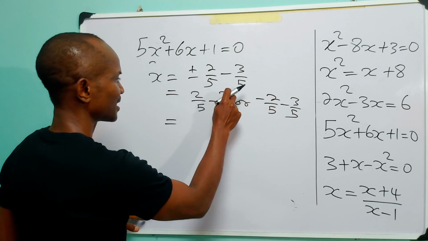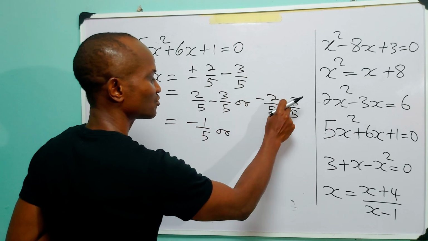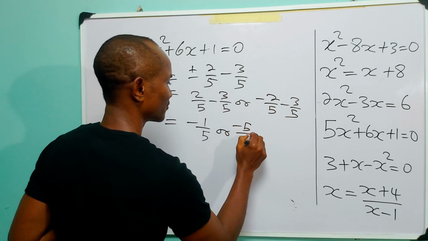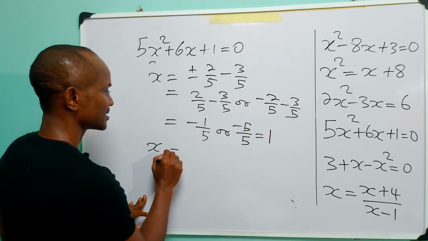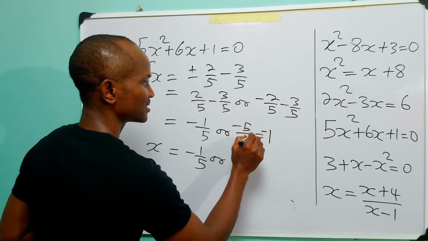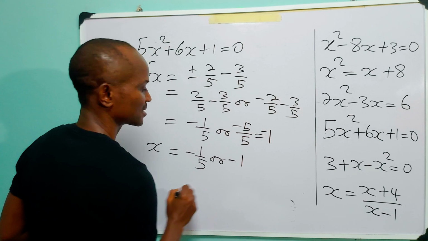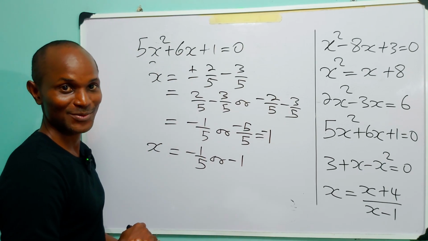And 2 minus 3 is minus 1 over 5, or minus 2 minus 3 is minus 5 over 5, and this is equal to minus 1. So x is equal to minus 1 over 5, or, sorry, this is negative 1. So these are the two roots of this quadratic equation.